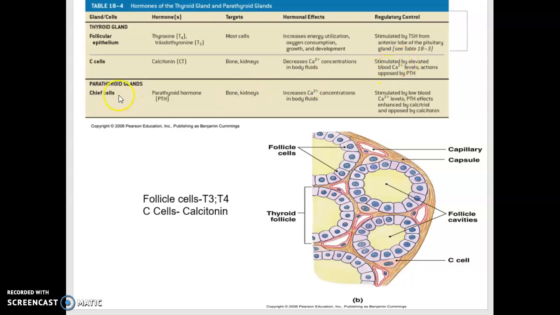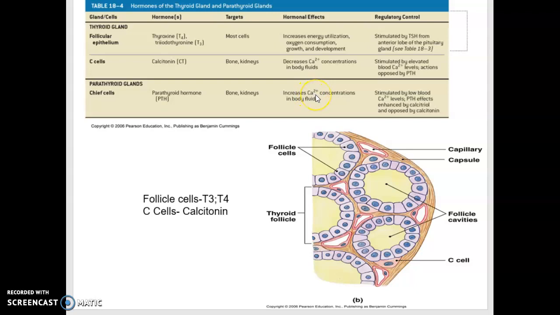Well, on the other hand, our parathyroid glands, which actually are on the back of the thyroid, are going to cause the parathyroid hormone to be released from chief cells. It's going to go to the same place, bone and kidneys, but instead of decreasing the calcium levels of the blood, it's going to cause calcium to be released.